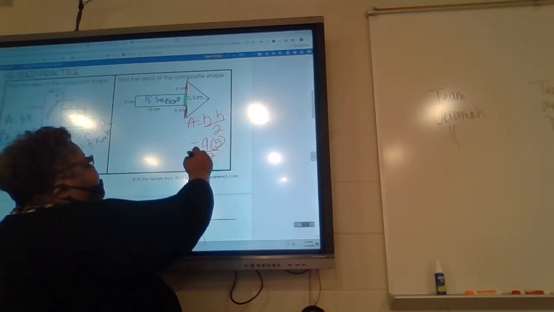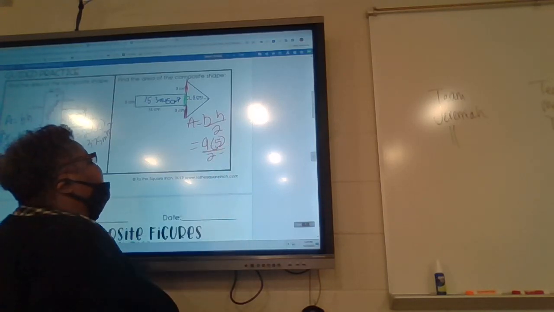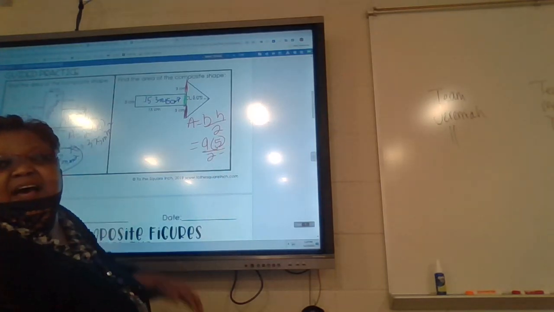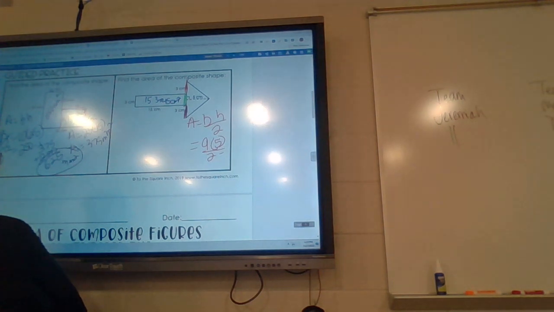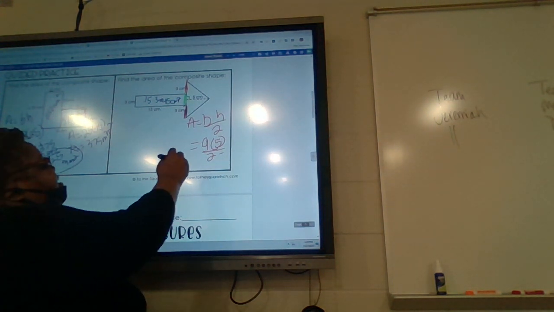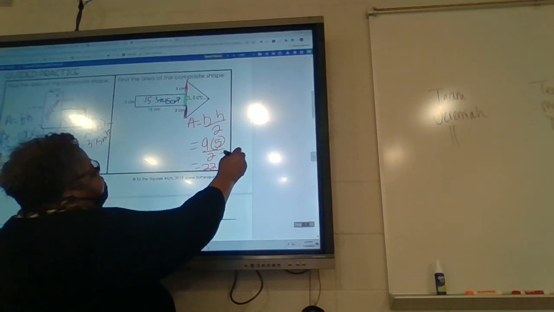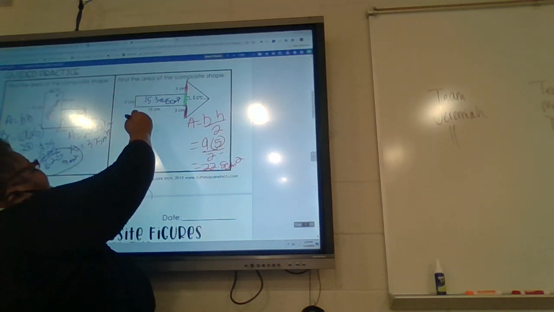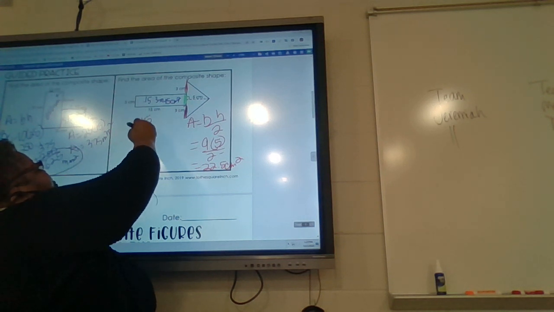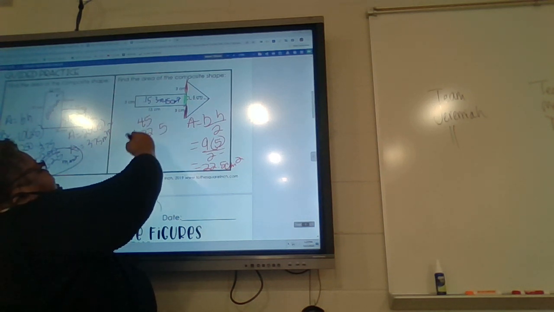So this is 45 divided by 2. Somebody do it for me on a calculator. 22.5 centimeters squared. Okay, so now I'm going to add 45 plus 22.5.